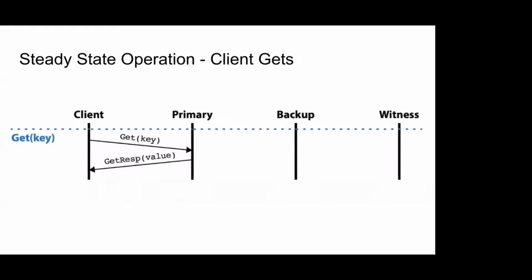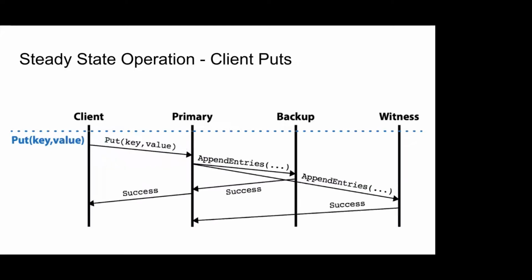Right. So when everything is working fine and nothing is failing, how do GETs work? They are pretty straightforward. The client sends a GET request and the primary responds with a value. In case of puts, a write quorum needs to be created.